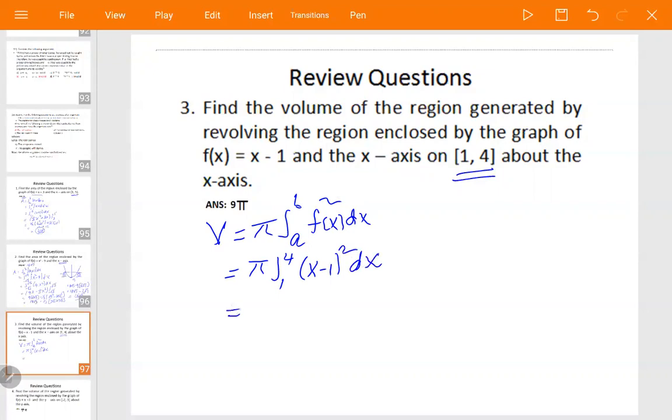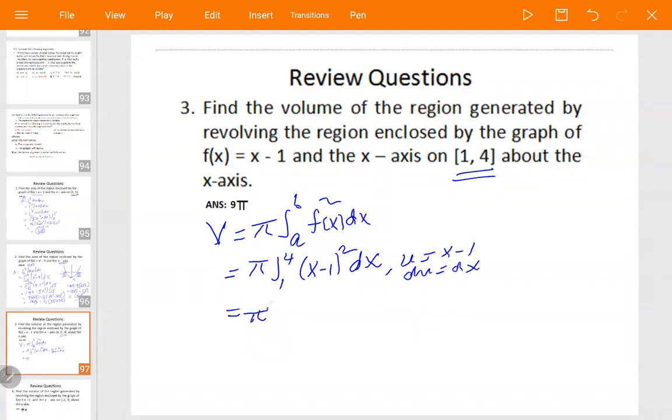Here you have two possibilities. One is expanding x minus 1, the whole squared, and the other one is making use of what you call integration by substitution. For example, if I substitute x minus 1 by u, then du becomes what? dx.